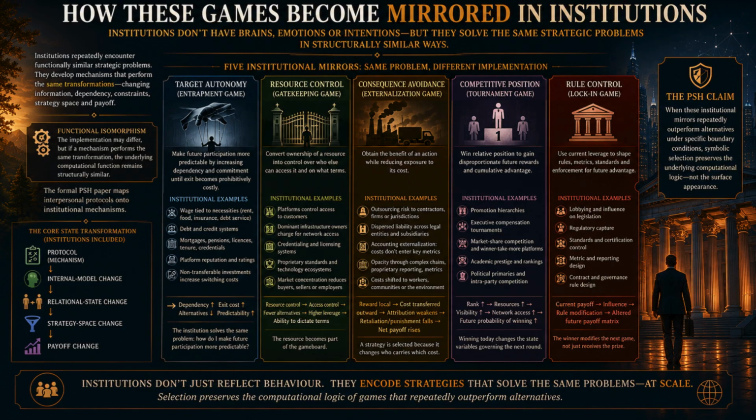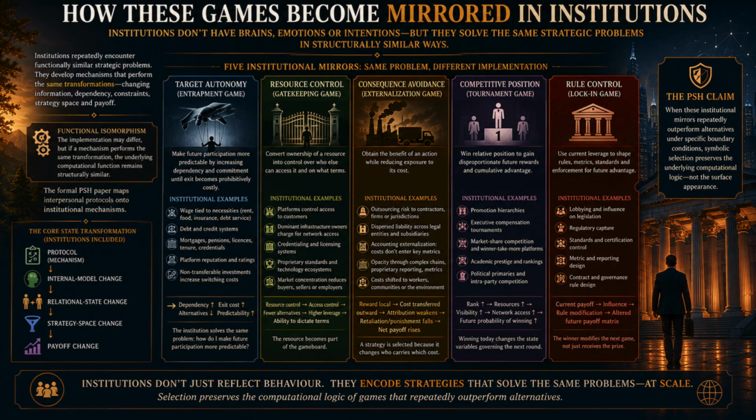The implementation changes, the computational function remains very recognizable. My book calls institutions cognitive fossils, in the sense that behavioral patterns rewarded within symbolic civilization can become externalized into durable structures through symbolic selection.